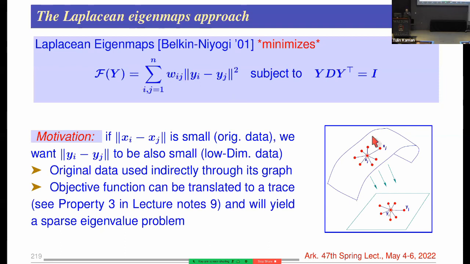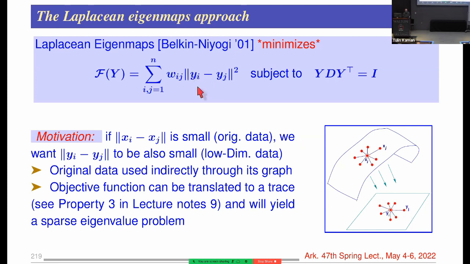So I would like to get the mapping in such a way that when x_i is close to x_j in this graph, y_i, the low dimensional representation, is also close to y_j.